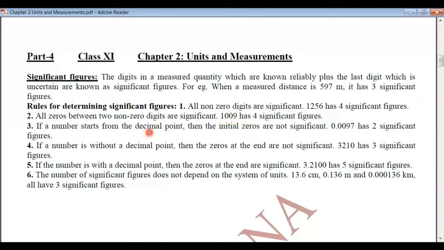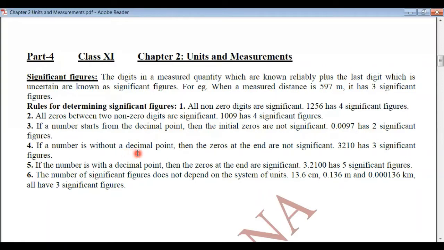Then the next rule states that if a number is starting from the decimal point, then all the initial zeros are insignificant. They are not significant. For example, 0.0097, as it's starting with the decimal point, all these initial zeros are insignificant. So the number of significant figures in it is only 2.